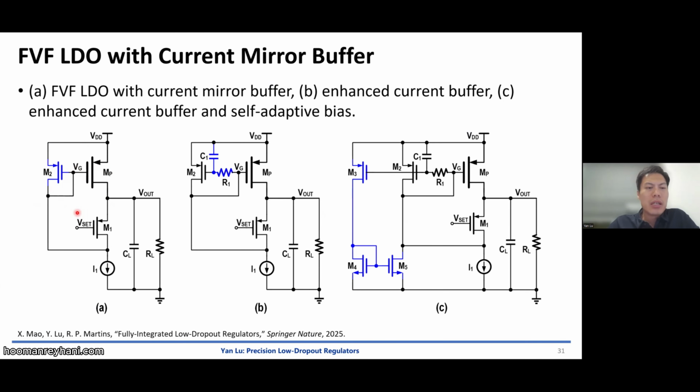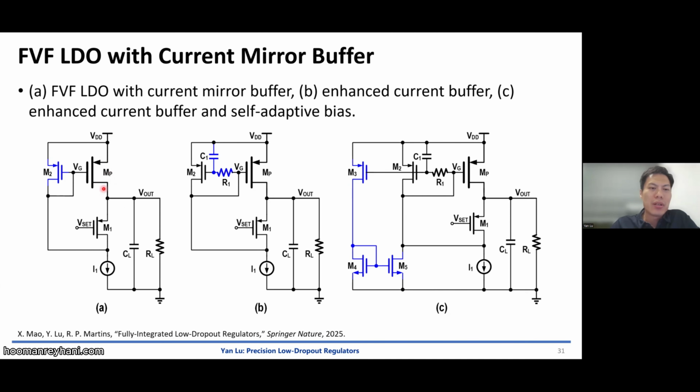The problem is the voltage headroom, because the FVF has certain issues with voltage headroom, because this node cannot be high, right? Because it's VDD minus VDS minus another VDS that goes to this node. And this node is the gate of the power transistor. That means if VG cannot go high close to VDD, we cannot completely turn off MP.